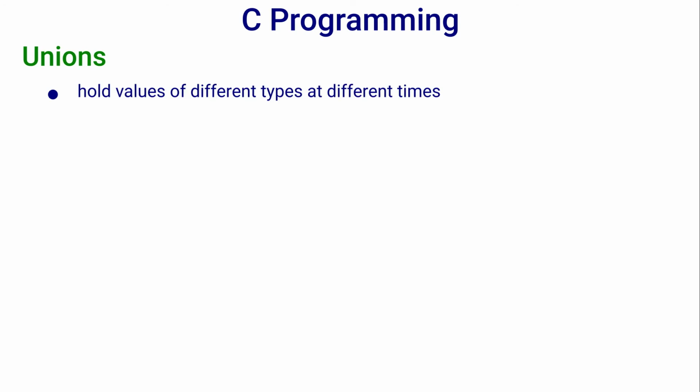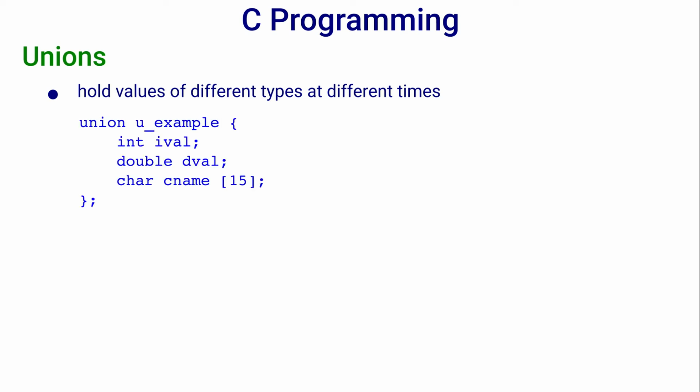Unions are variables that hold values of different types and sizes at different times. For example, union uexample, int ival, double dval, char cname[15]. If we define a variable of type union uexample, it can hold an integer or a double or a 15-byte character array at any time.